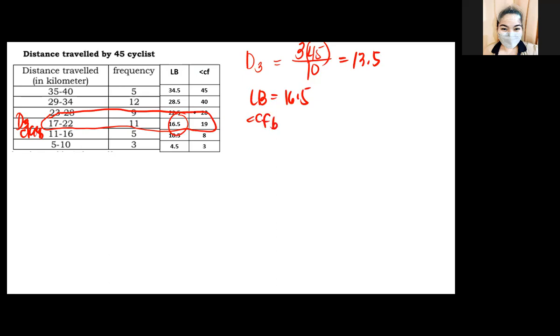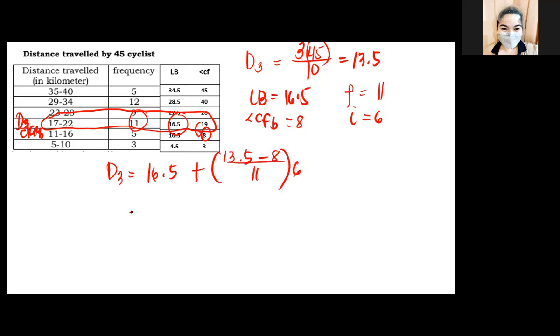Cumulative frequency below is 8. The frequency is 11 and the i is 6. Diretso na natin. D sub 3 is equal to 16.5 plus 13.5 minus 8 divided by 11 times 6.